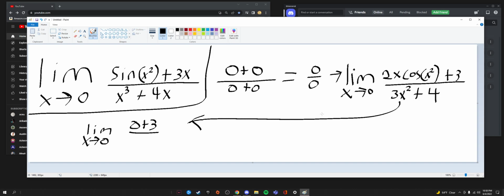We plug 0 into 3x squared, and that's just 0. And 4 is a constant, so we don't plug anything into that. Ultimately, we get 3 over 4. So our limit evaluates to 3 over 4 using L'Hopital's rule.